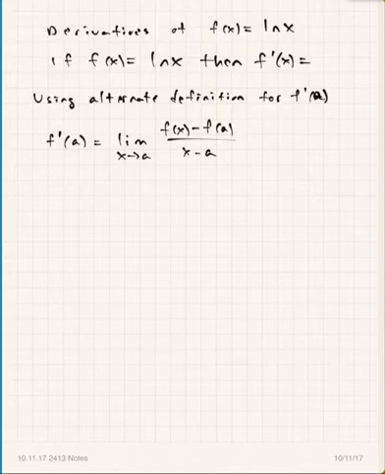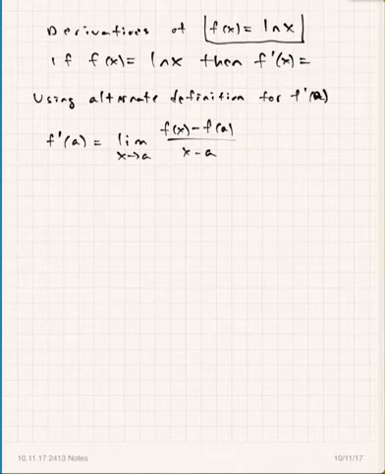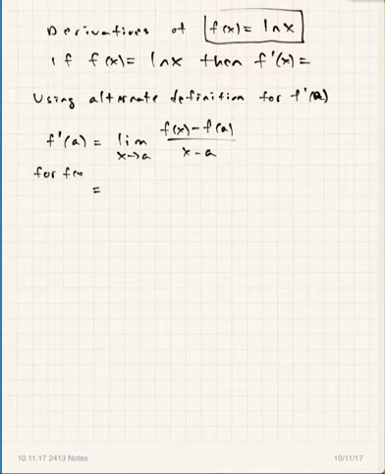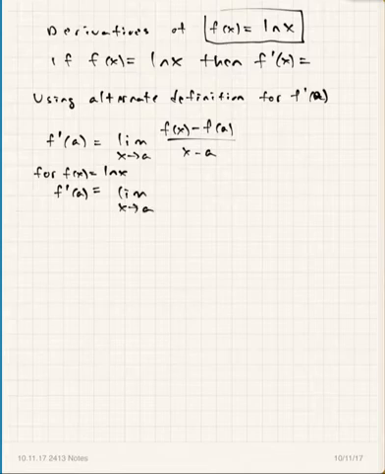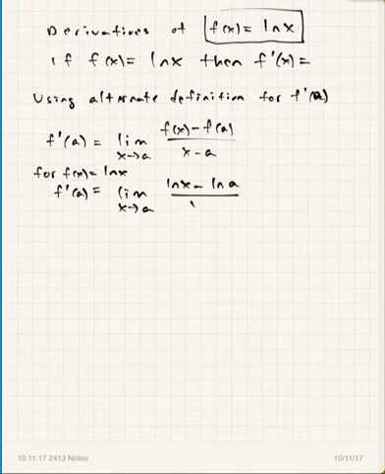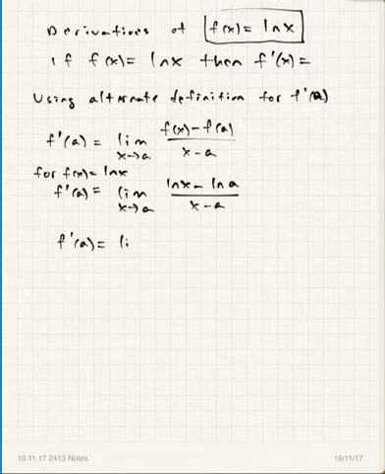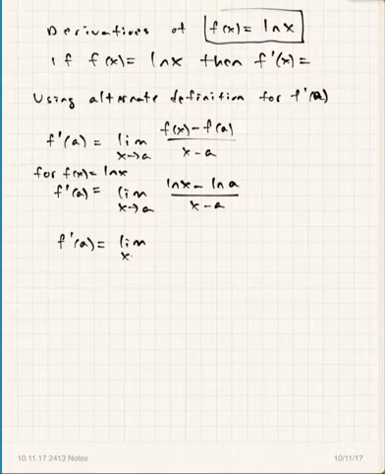And so in our particular problem, for f of x equals natural log x, f prime at a would be equal to the limit as x approaches a of f of x, which would be natural log of x, minus f of a, which would be natural log of a, all divided by x minus a.